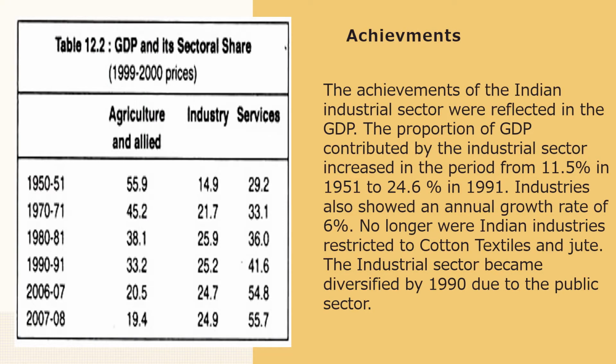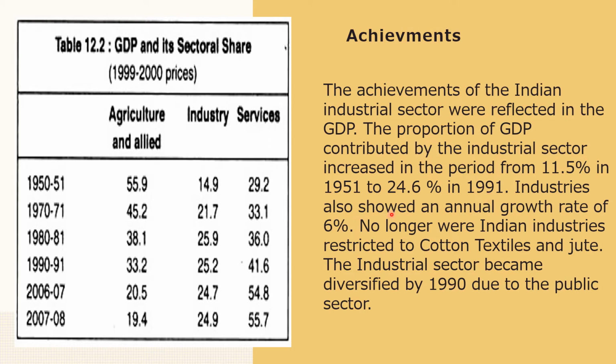Let us examine the impact that planning had in the initial years in terms of the achievements in the industrial sector. The achievements of the Indian industrial sector were reflected in the GDP. The proportion of GDP contributed by the industrial sector increased in the period from 11.5% in 1951 to 24.6% in 1991.